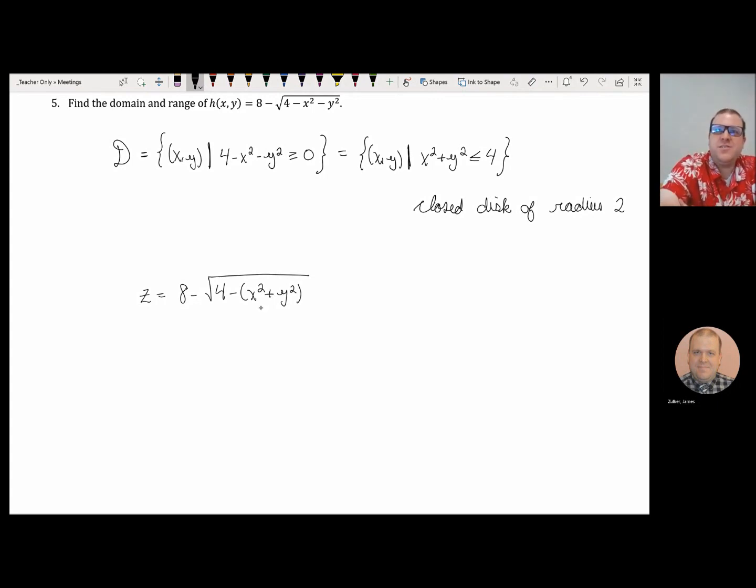As this increases, 4 minus it will start to get smaller. Right? Square root of something that keeps getting smaller just keeps getting smaller, right? So clearly 8's going to be the largest. And it's never going to fall below 0 because it's a square root. And 6 will be the smallest. Range is 6 to 8.